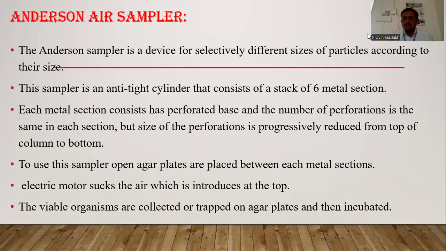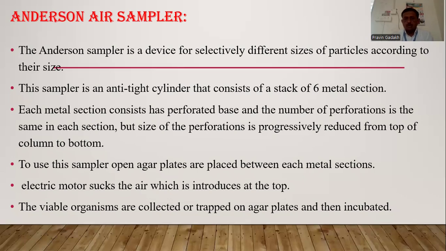As we are sucking the air with the electric pump, the air passes from the first section to the second section to the third section, and depending upon the perforation size, the particles get differentiated and trapped on the nutrient agar plate placed in each metal section. As we move downwards, the small particles get trapped on the lowest metal section.